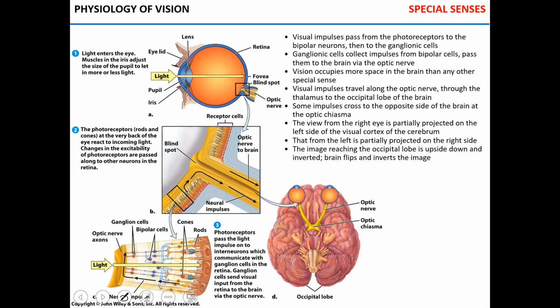Some of the impulses from one eye cross through the structure that is called optic chiasma. So images that are detected by, say, left eye will be projected both to the right and left hemisphere. The same is true for the right eye.